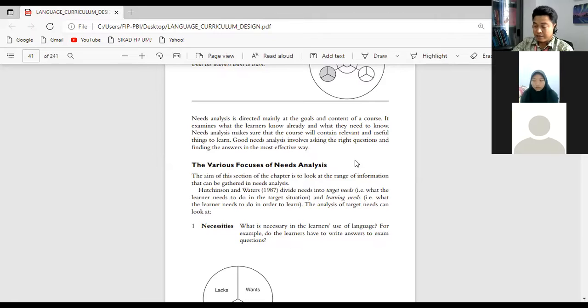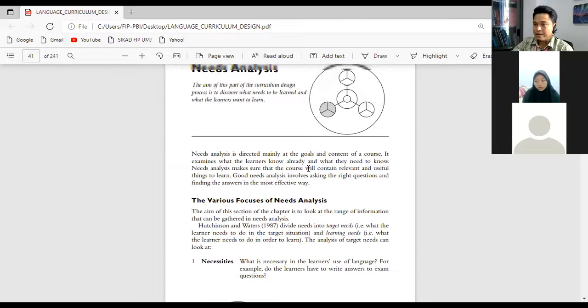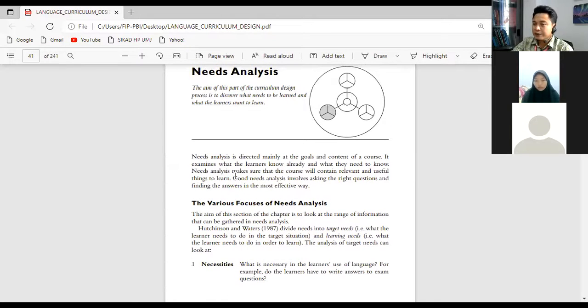The learning material, the topic that you're going to explain to your students, they need to master every single aspect of it. And good need analysis involves asking the right questions and finding the answer in the most effective way. Yeah, so this one we got a good need analysis.